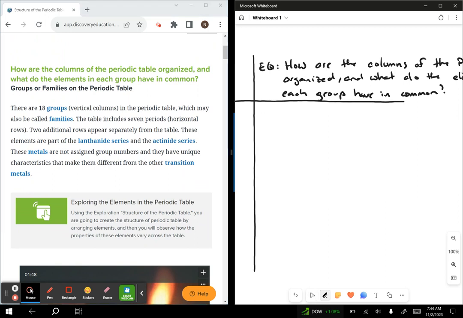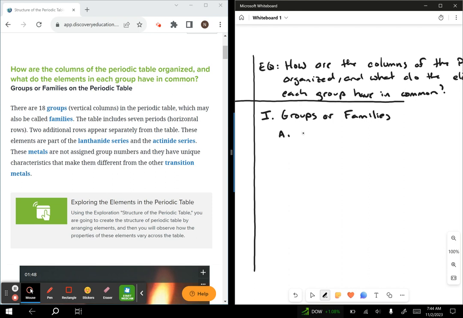That's our first topic, Roman numeral 1. Groups or families. Those are synonyms on the periodic table. Okay, and according to the International Union of Pure and Applied Chemistry, you have 18 groups.